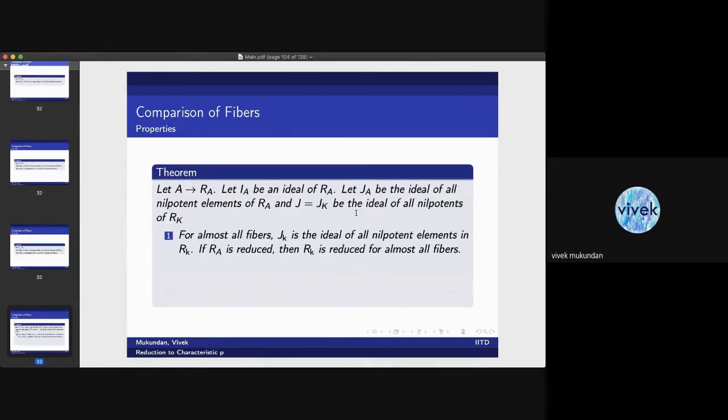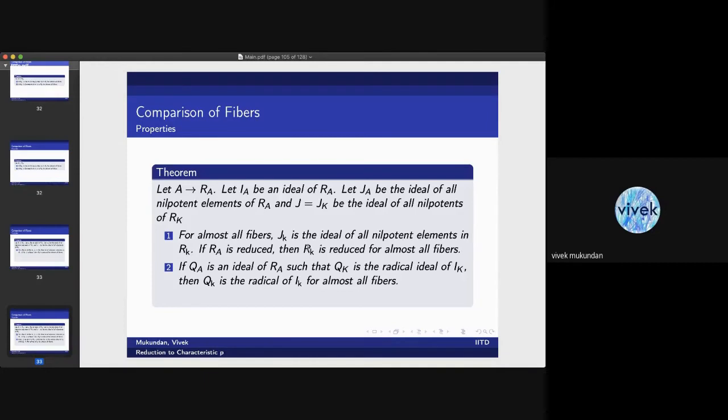Okay, so if you have an ideal I of R_A, J is the ideal of all the nilpotents of R. Remember that J_A is nothing but the descent of J. Then for almost all fibers, J_K is the ideal of all nilpotent elements of the fiber R_K. And if R_A is reduced, then the fiber R_K is also reduced for almost all fibers.